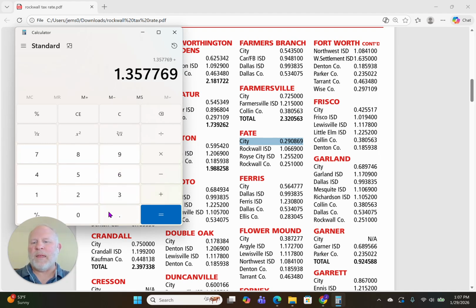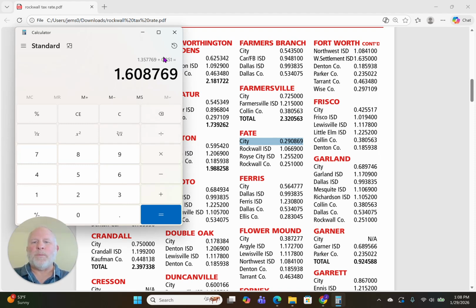And then we'll finally add in the county. You'll notice we skipped Royce City ISD because the property is not going to be in two different school districts. That gives us 1.608769, and that will be the rate. Think of that as a percentage.